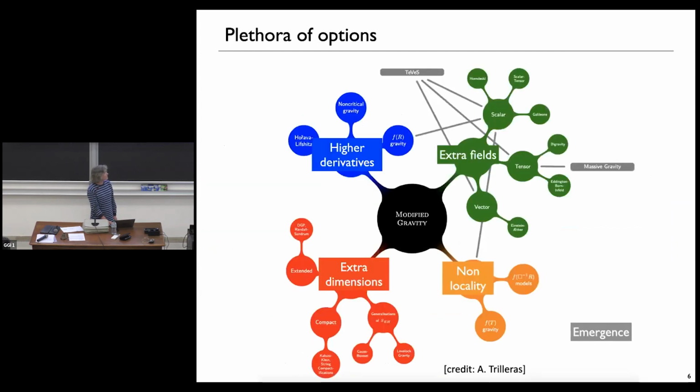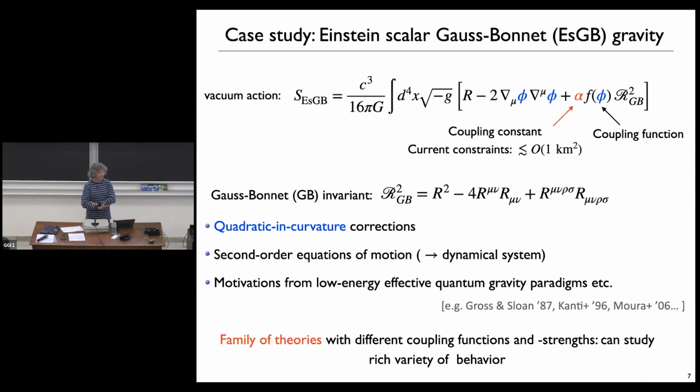Of course, when you say going beyond GR, there's a plethora of options. You can go in different directions: add extra fields, higher derivatives, extra dimensions, non-locality, and so on. We don't want to spend all our time computing in each different theory. So, as a first step, we made one choice of a class of theories, which is called Einstein scalar Gauss-Bonnet gravity.